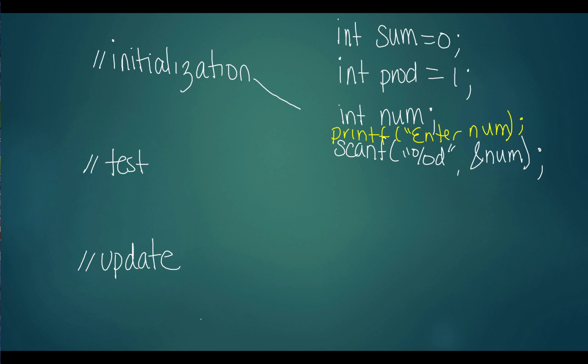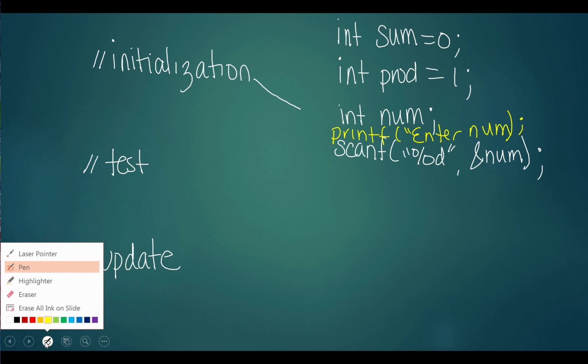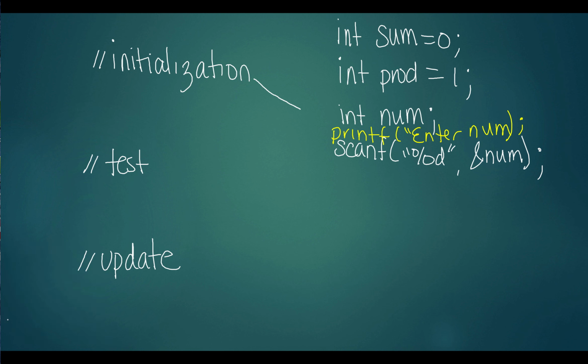Now if the user enters a num that is greater than or equal to 1, we will add it to our product and our sum. So our test is going to be while num is greater than or equal to 1.